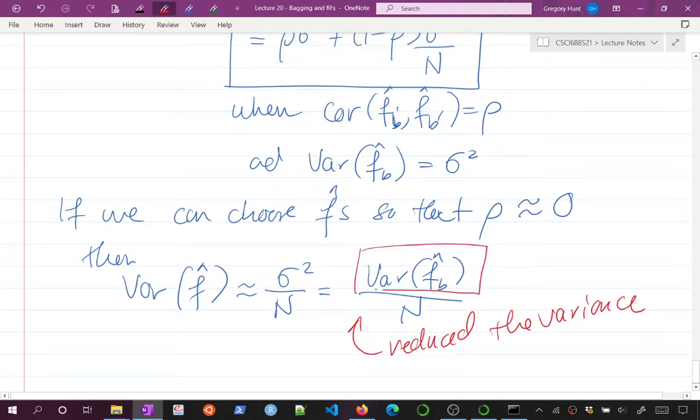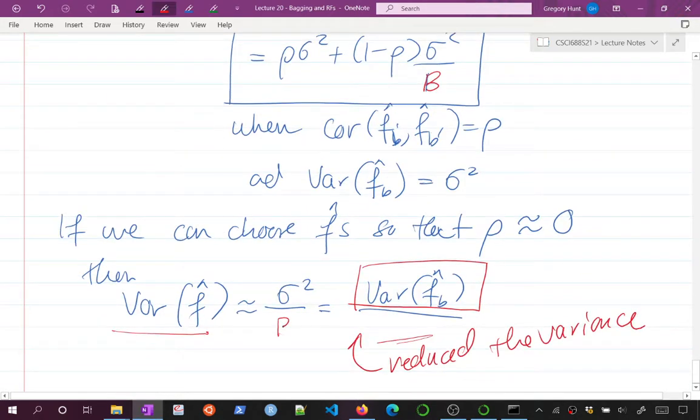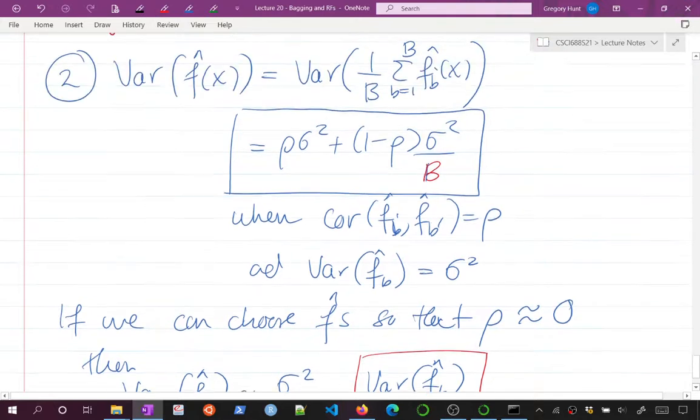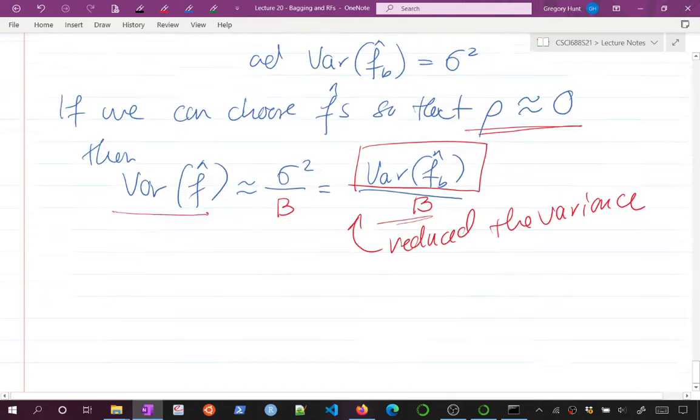An individual classifier would have some variance, and the bagged classifier reduces it by a factor of B. If I have B things in my classifier, this would be B. Now, it assumes that I can choose some way to build these so that they're uncorrelated.